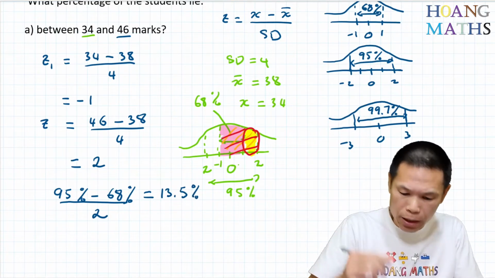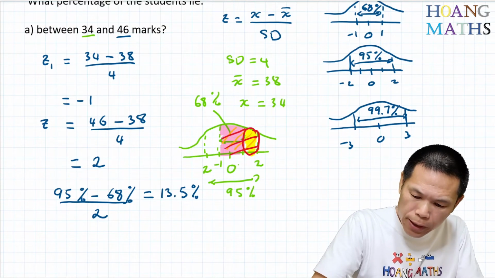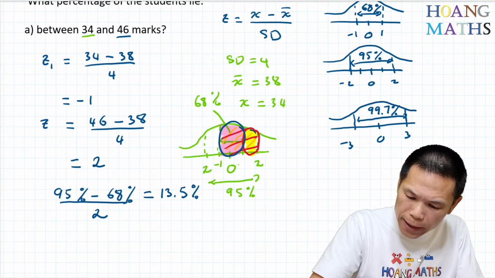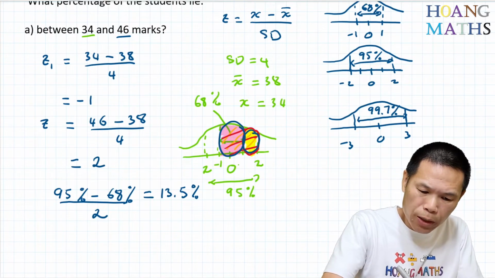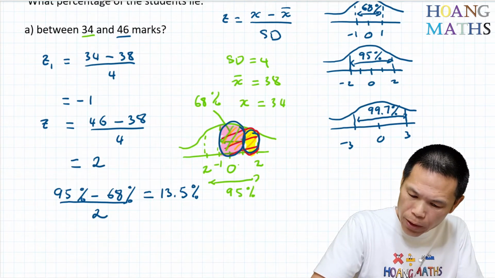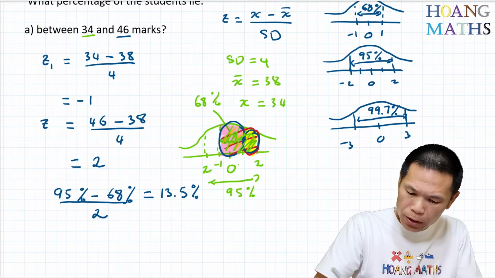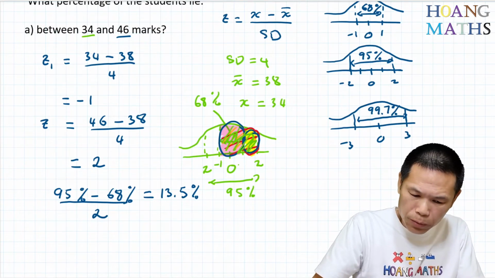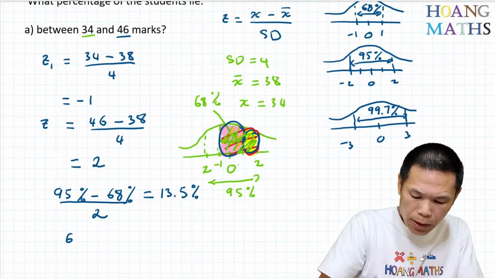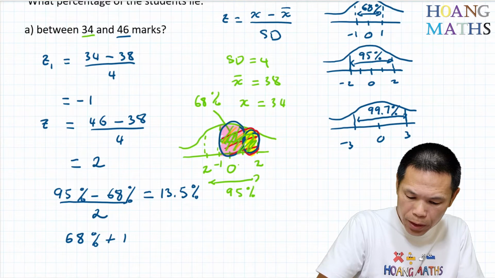So this means that we have 68% and we add 13.5% because we need this area here, okay? So between -1 and 2. So just go 68%, we add 13.5%.